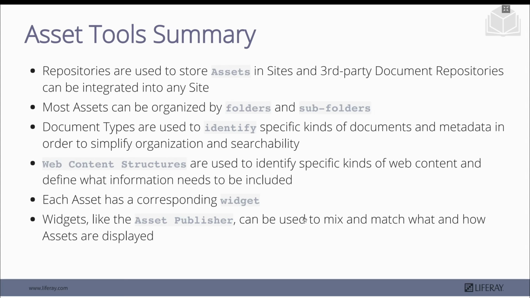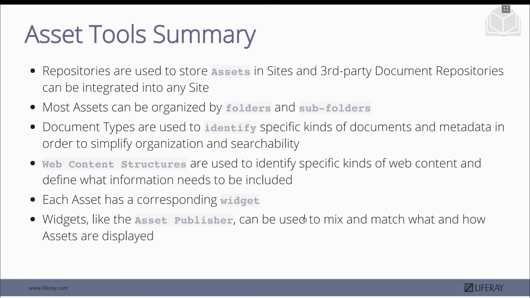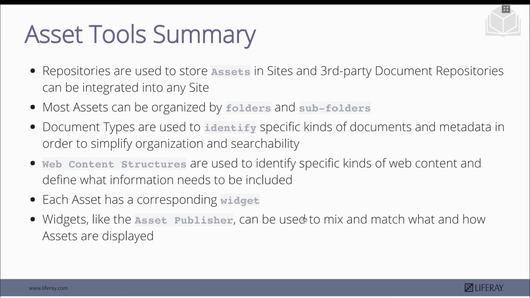This is going to be the primary way that we go about it. Document types are used to identify specific kinds of documents and media in order to simplify organization and searchability. Again, for whatever sort of files we are uploading, and maybe we're uploading a lot of the same file, we can create a document type that goes with it.